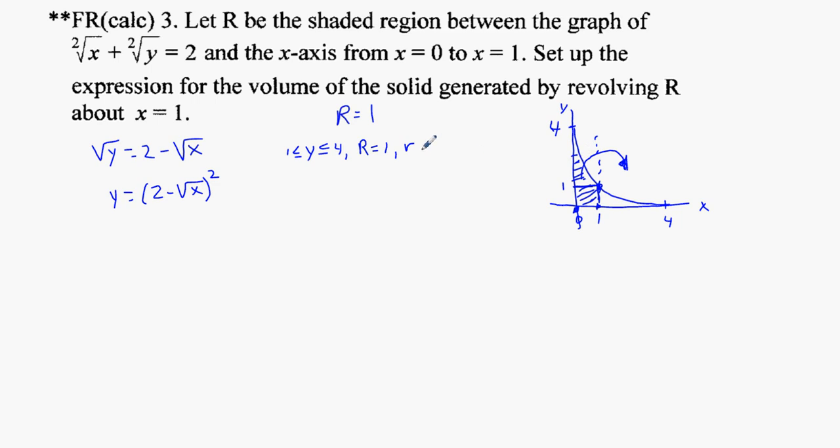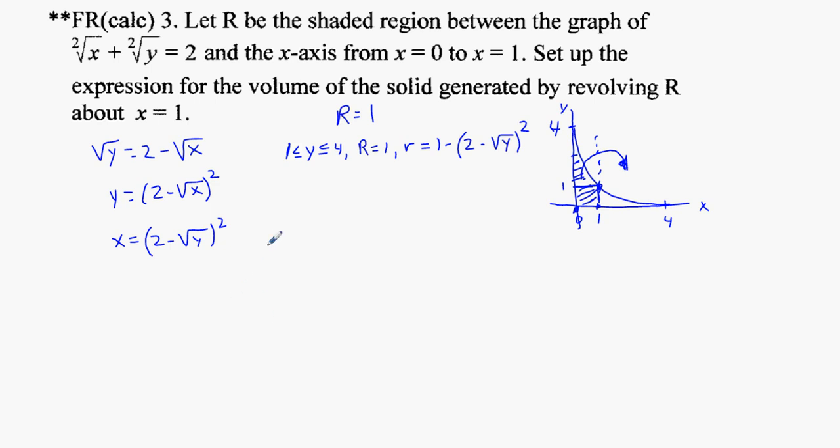What we have to do is solve that function for x in terms of y, so x equals 2 minus the square root of y, squared. So we're going to have 1 minus (2 minus square root of y), squared. So those are the pieces we have.